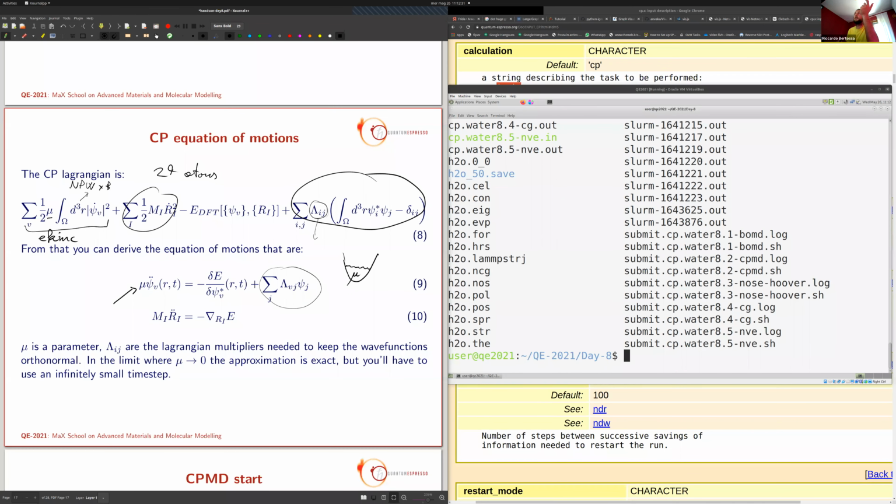So you have a lot of degrees of freedom inside here. The kinetic energy of all these degrees of freedom is called the electron fictitious kinetic energy. In the code it is written Ekin-C in the output files also. So that's it.